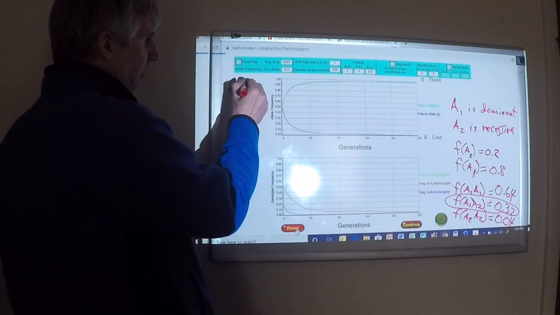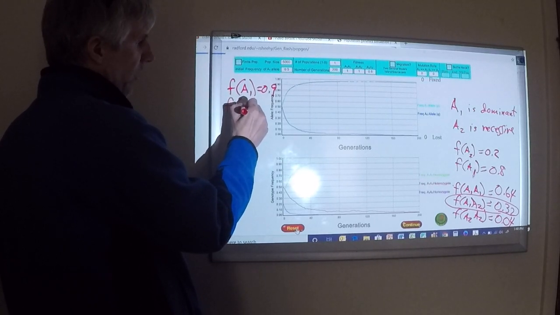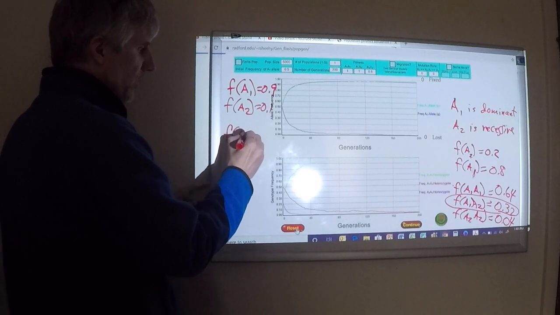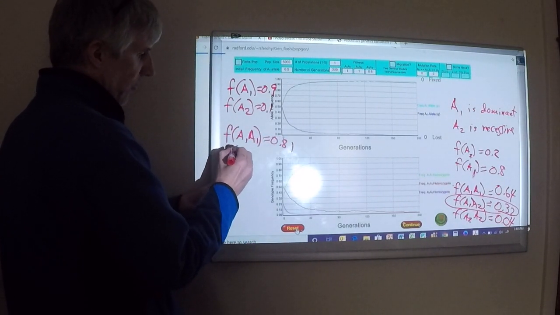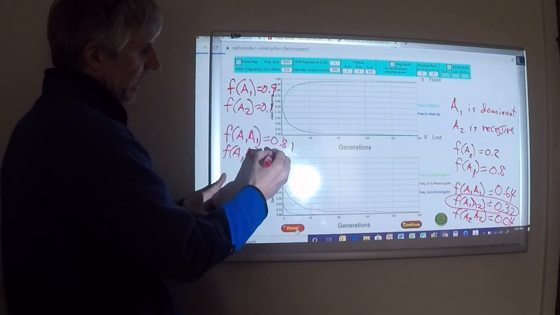So at an allele frequency of 90% for the A1 and an allele frequency for the A2 of 0.1, the frequency of the A1A1 would be equal to 81%. The frequency of the A1A2 would be equal to 18%.